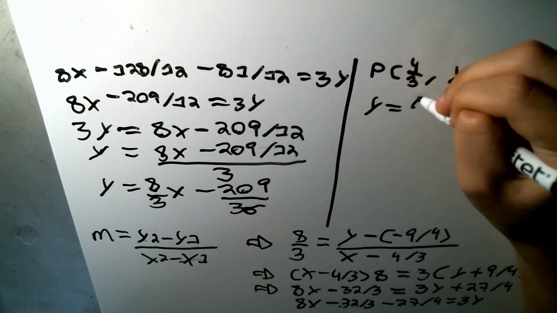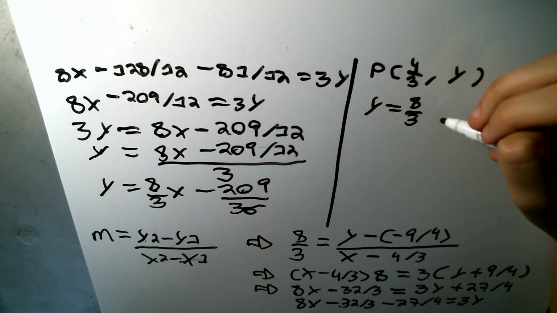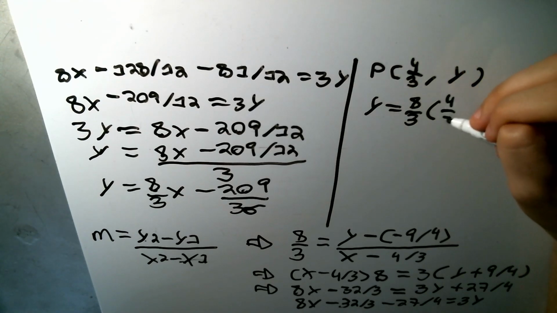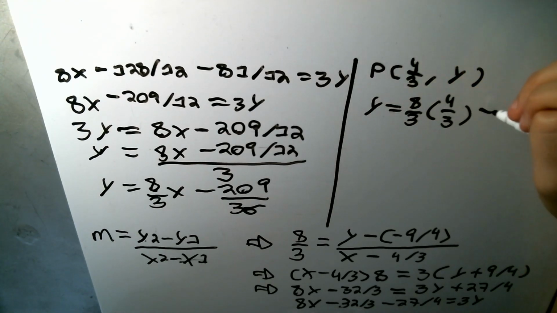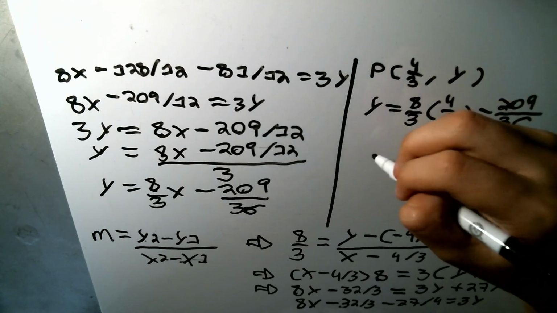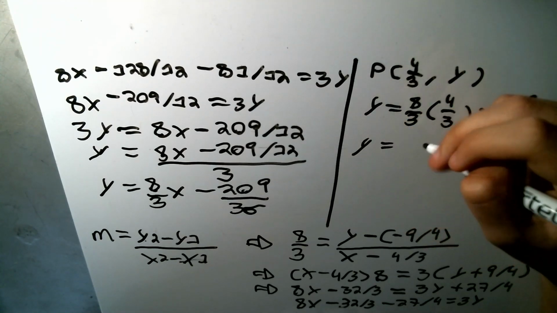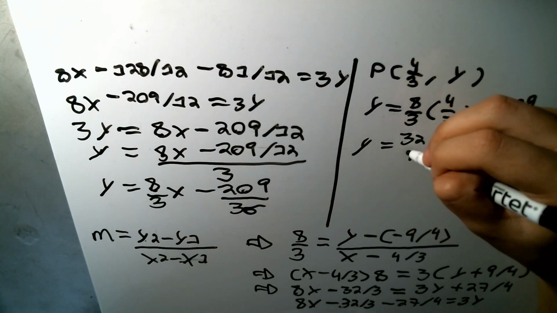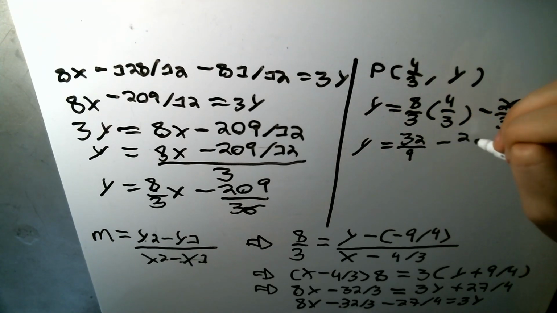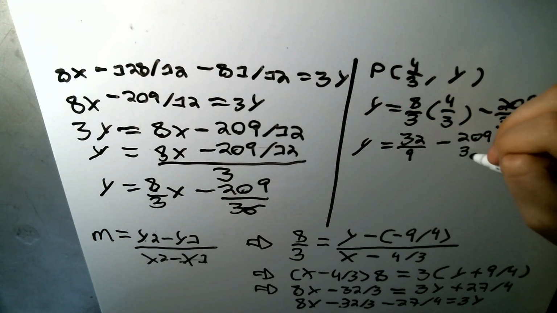So y equals 8 thirds multiplied by 4 thirds minus 209 over 36. So after that we get 32 ninths minus 209 over 36.